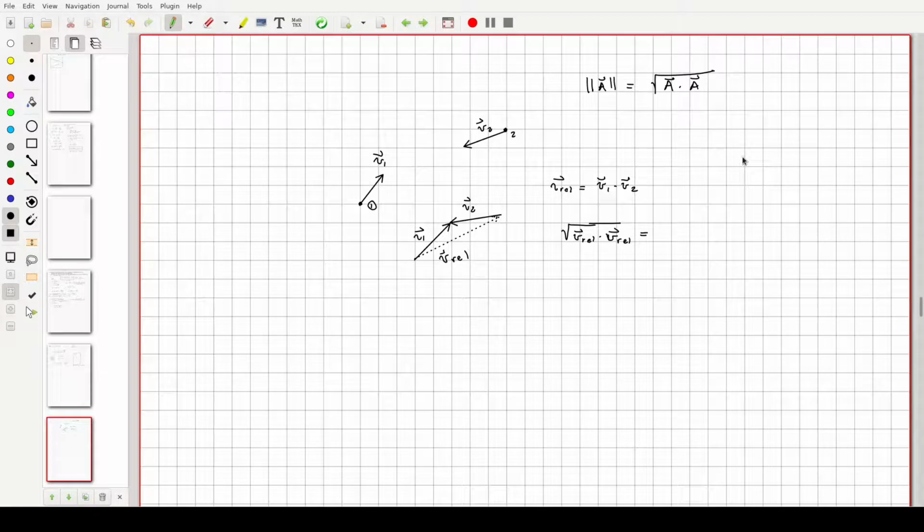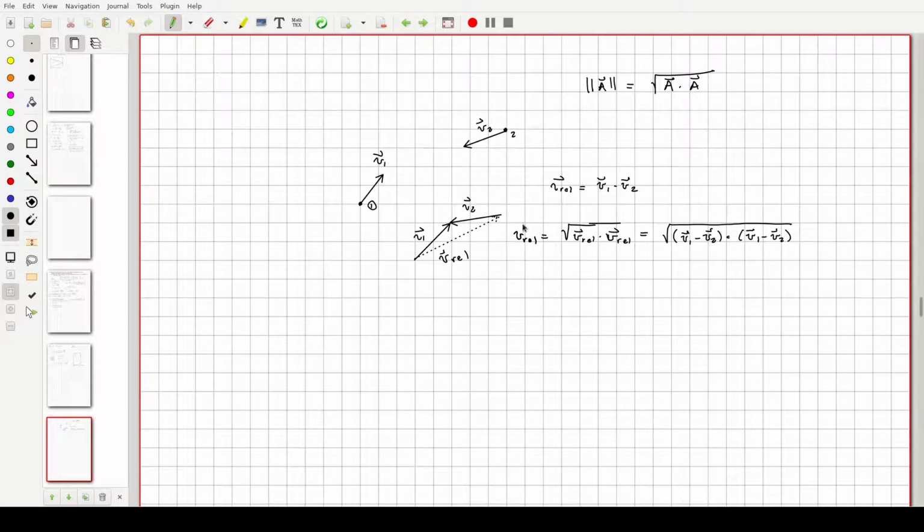It's basically the Pythagorean theorem. So we're going to take the square root of this thing, and what's being dotted is V1 minus V2. So this right here should be V_rel in magnitude.